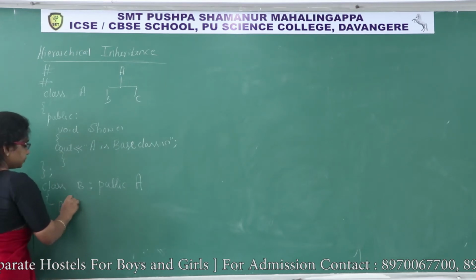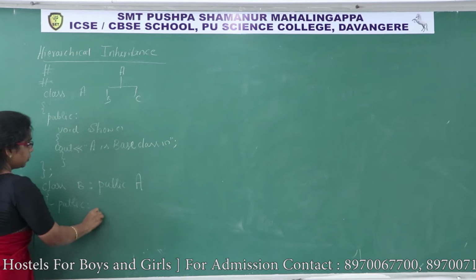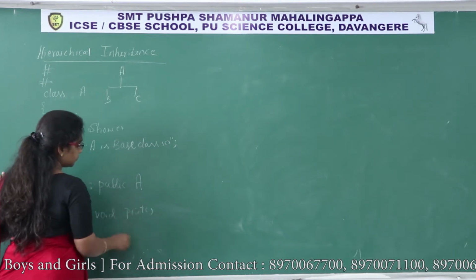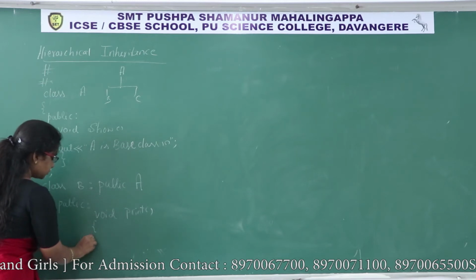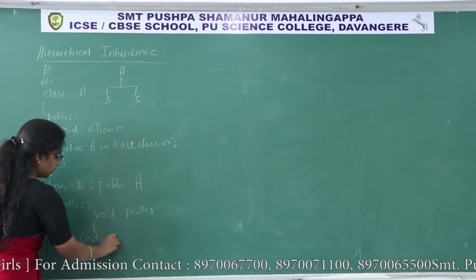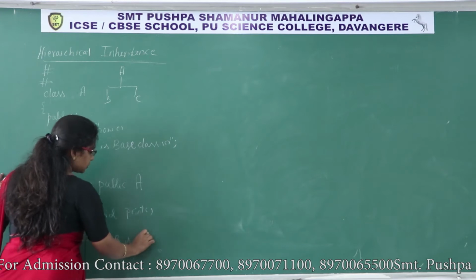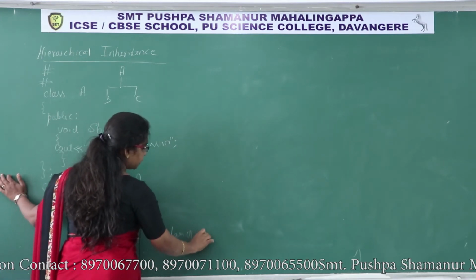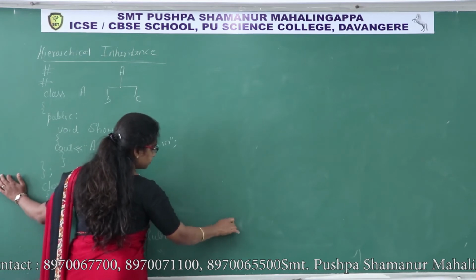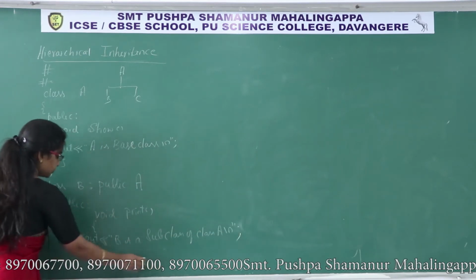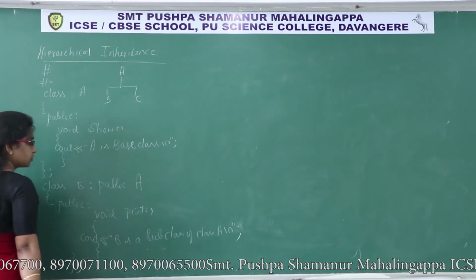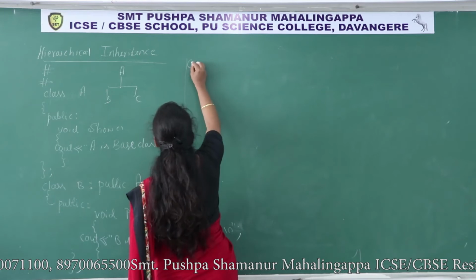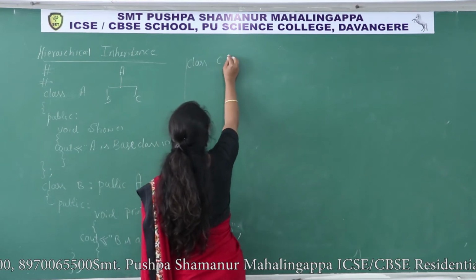Public, void print, cout. B is a subclass of class A. One more class I'll inherit from class A, that is class C colon.